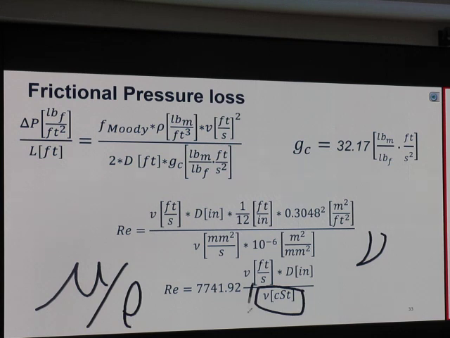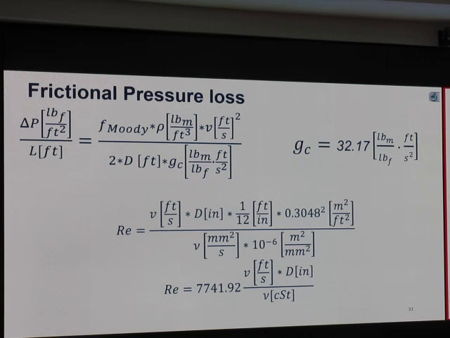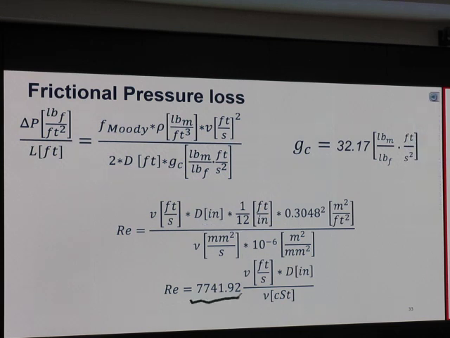That is nu in centistokes. Centistokes is length squared over second. The dimension is length squared over second. So that is centistokes. Do the math with that kind of unit, and we will have this conversion factor. So this is how it is derived.